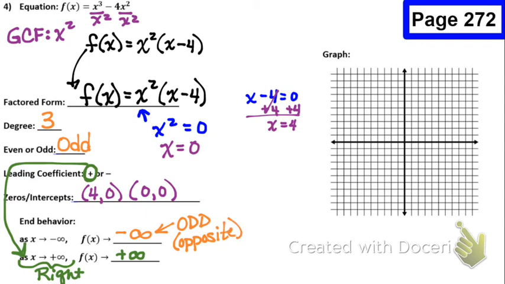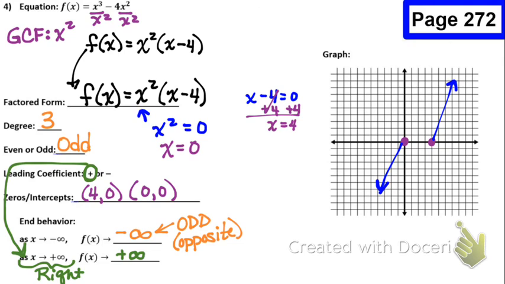Get the zeros graphed. I've got one right here at the origin and one right here. Right side does what? Goes up. Left side goes down because it's doing the opposite. Do either one of these bounce? Oh, wait, yes.